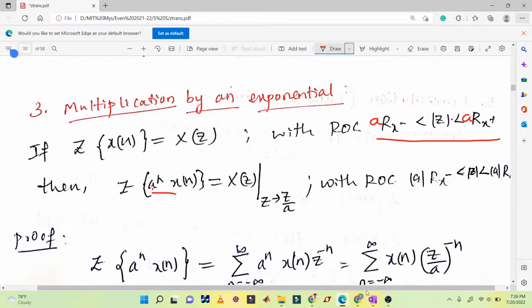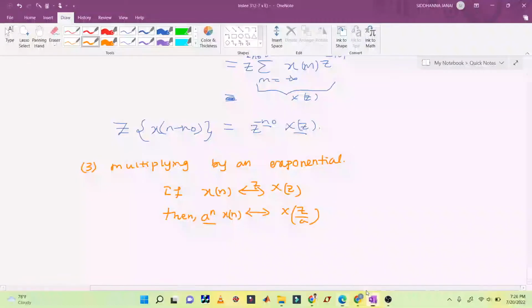Okay, so this is the resultant ROC. Same is given here. So it will change the ROC as well as the X(z). z is divided by that multiplication factor.